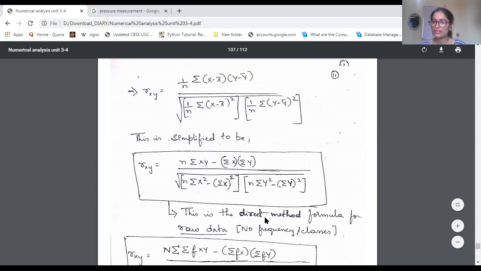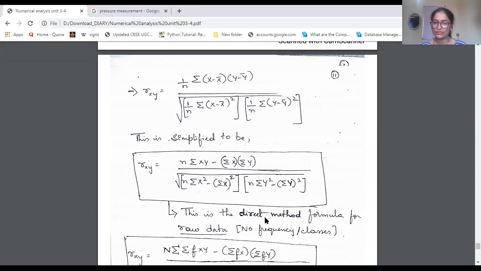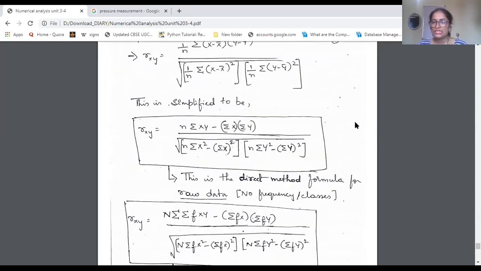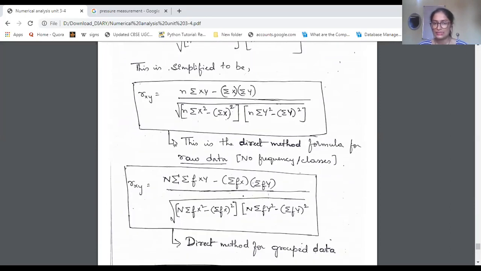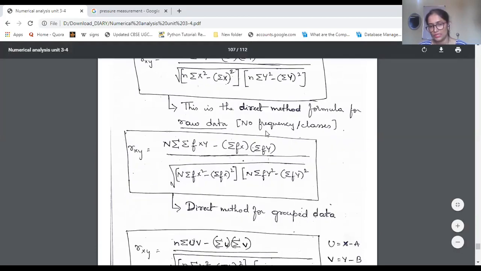So you know that there are different types of data: raw data, grouped unclassified, and grouped classified. This is the basic formula of coefficient of correlation between the two variables x and y, and in this case, the series x and y both are raw data. There is no grouping or classification. This is the direct method. There is no assumed mean here.